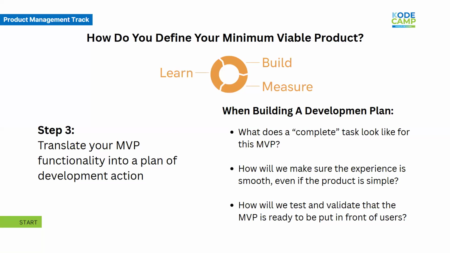We are going to build something good enough that is just going to help us learn, and then we are going to iterate from there. When you do this particular part well, you end up with a product that helps you learn fast, a product that helps you adapt, and one that helps you build something that your users actually want, instead of something you assumed they wanted or needed.